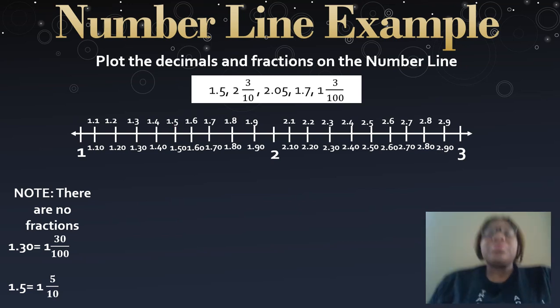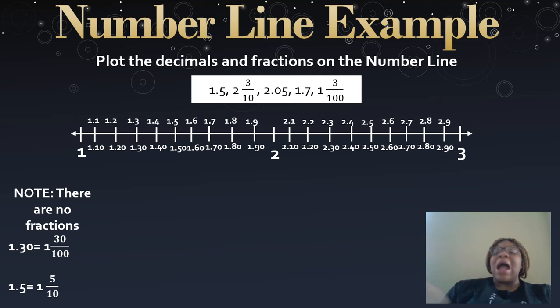Okay, with this one, I'm not really going to do the fractions because at this point, we should know what each decimal means, right? So if I see 1.1, I know that equals 1 and 1/10. If you see 2.40, what does that equal? Good, 2 and 40 hundredths. There's also an example down here.